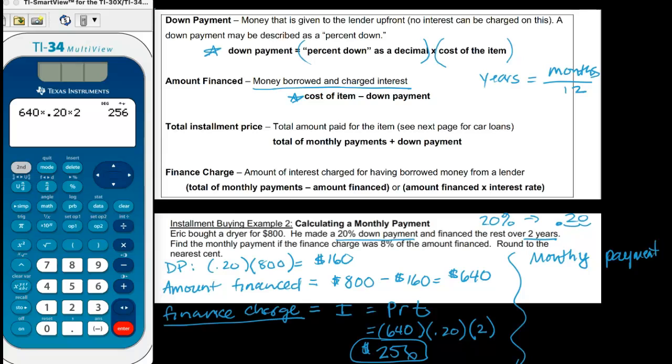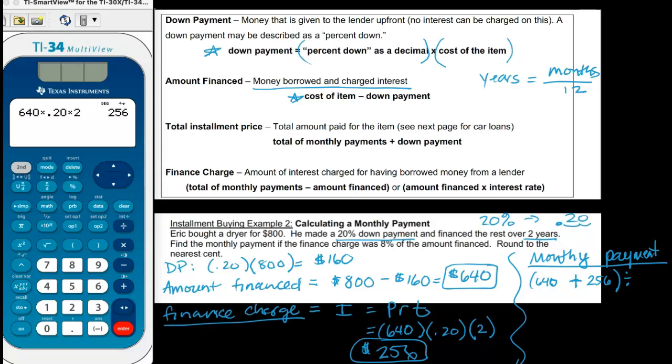To find the monthly payment, all we need to do is calculate the total amount that Eric needs to pay back. He needs to pay back the amount financed plus the finance charge. So we're going to take 640 plus 256, and then we're going to divide it by the number of months. 2 years is 24 months.